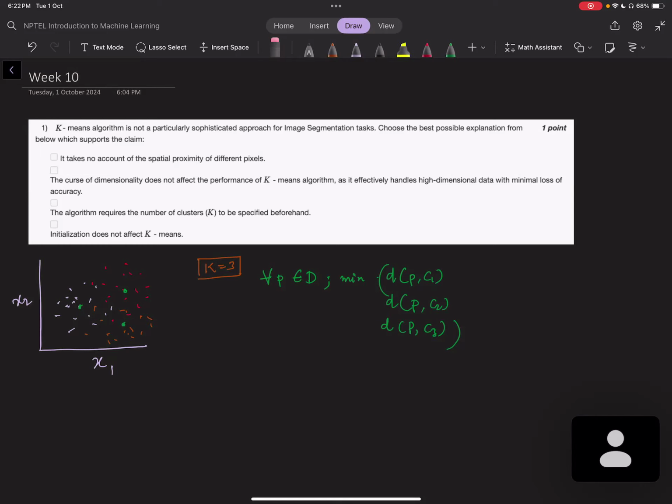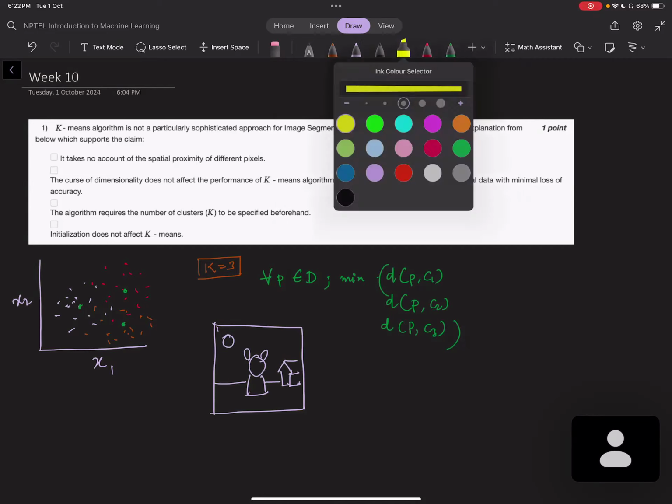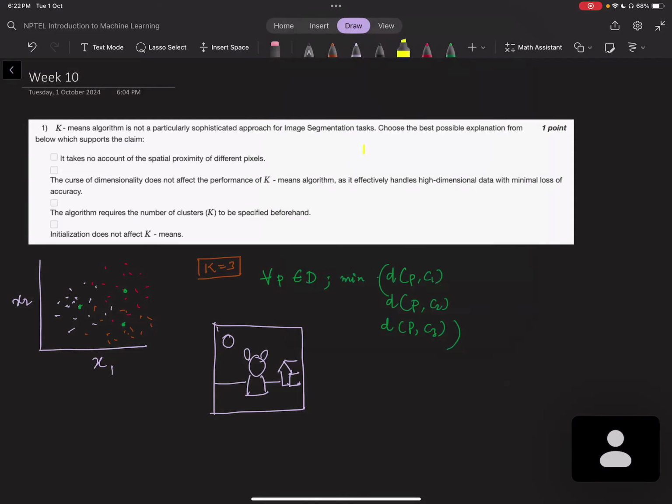Another question here is about an image segmentation task. In image segmentation, let's say there is an image of a cat, and there is a house in the back, a sun here, and grass on the ground. Image segmentation sort of creates different masks in the image.